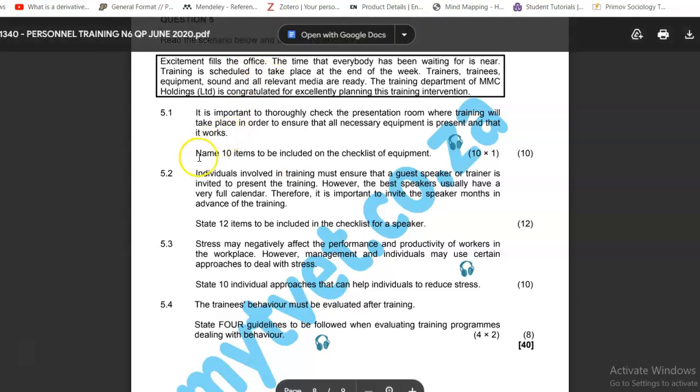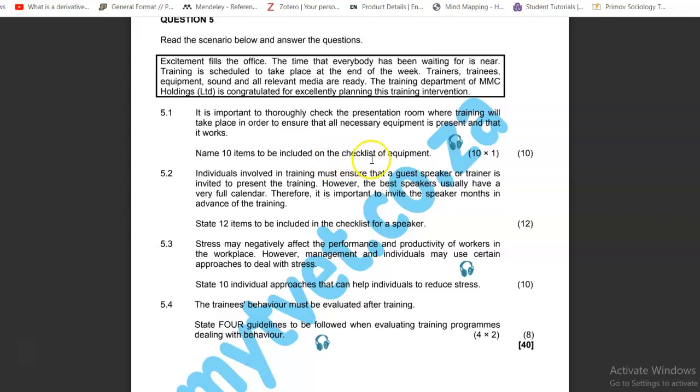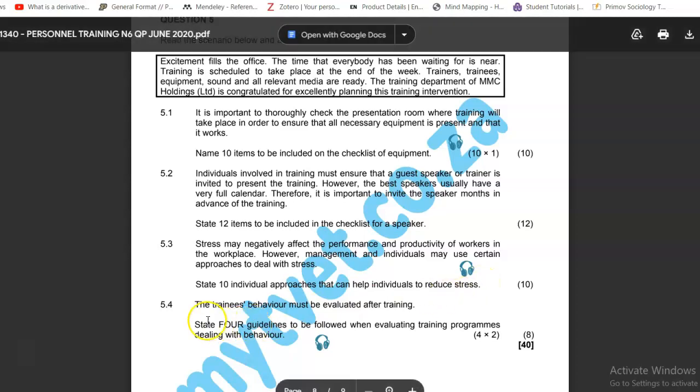So this one says, name 10 items to be included in the checklist of equipment. State 12 items to be included in the checklist for speaker. That's why we said the magic number is 12. Don't go for the minimum, at least go for 12 so that you know that you are safe. Let's go for 5.3. State 10 individual approaches, this time not enterprise, that can help individuals to reduce stress. Students, you have a lot to study here.